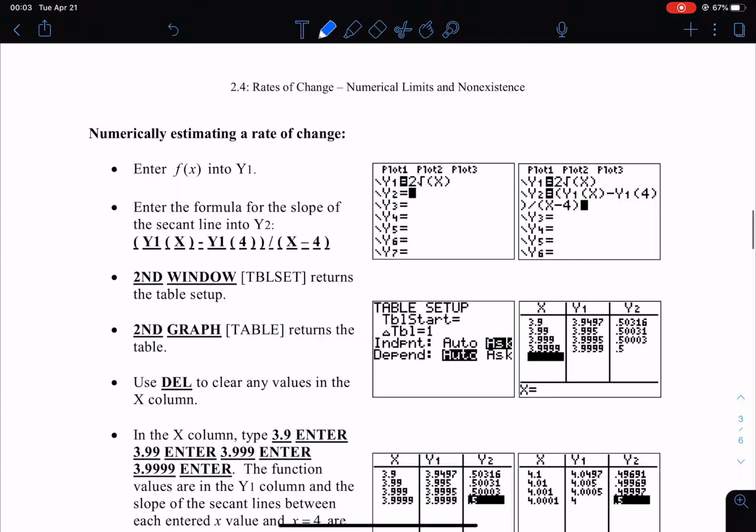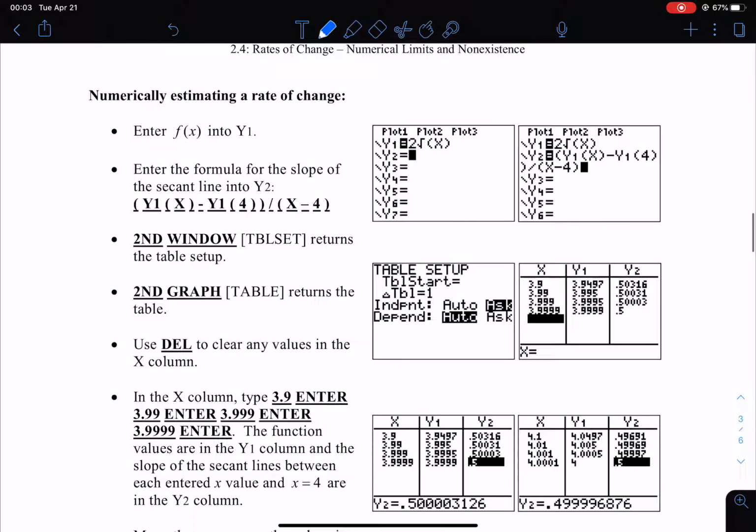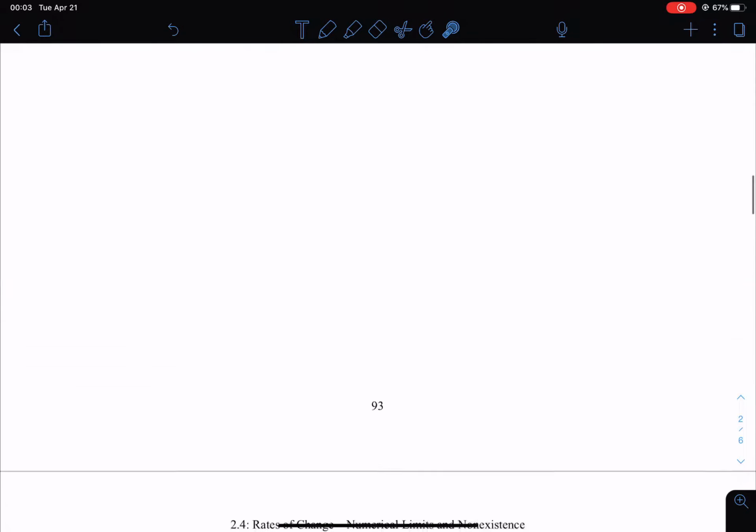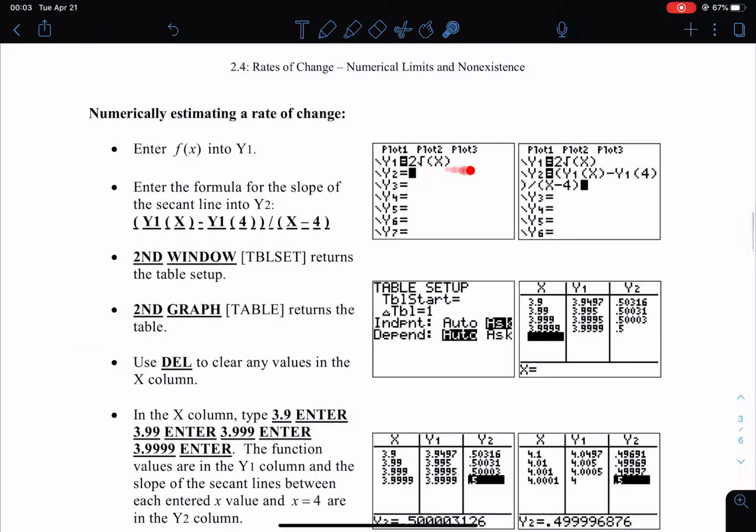All right, so this instruction shows you how we can get the data directly instead of using the formula one by one. First, we have to make sure y1 is correct. Plug in this equation. y1 is just our function equation, that is 2 multiplied by square root of x.